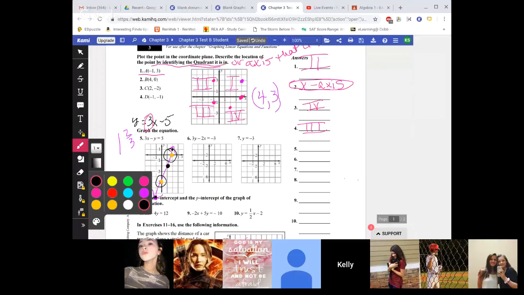You can see how all three of these methods worked. The first method we used was an X and Y table. The second method was the x and y intercepts. And the third method was putting the equation in slope-intercept form and using the y-intercept and the slope to graph the line.